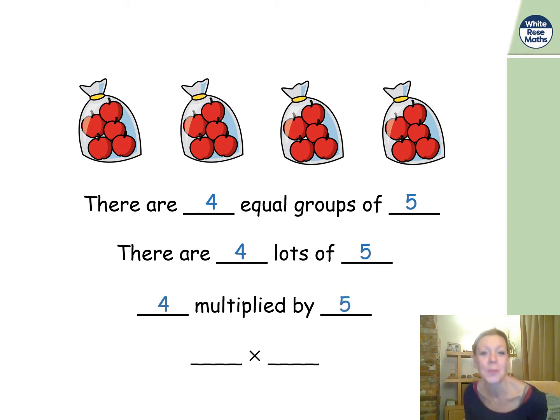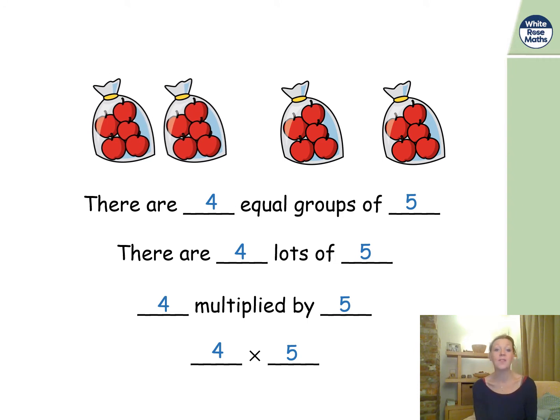What is 4 multiplied by 5? Let's have a think. Can we count in our 5s? 5, 10, 15, 20. So the answer is 20. And if we were to write this sum as a number sentence, we would use the multiplication symbol, 4 times 5.